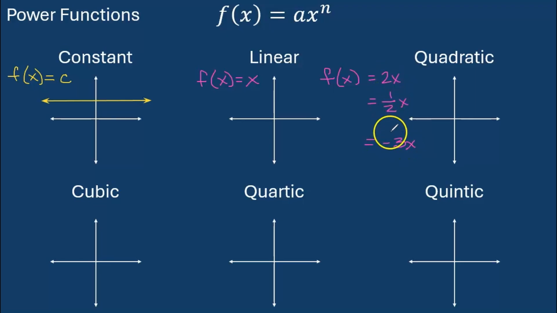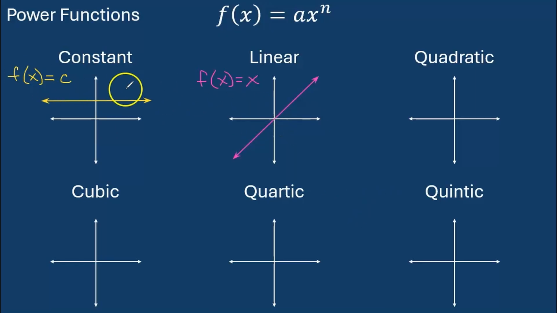And all of these coefficients, which are represented with the form of a, would change the way that the linear function looks. But to graph just the parent graph of a linear function, we're going to make a 45-degree angle right through the origin. And that's a linear function.